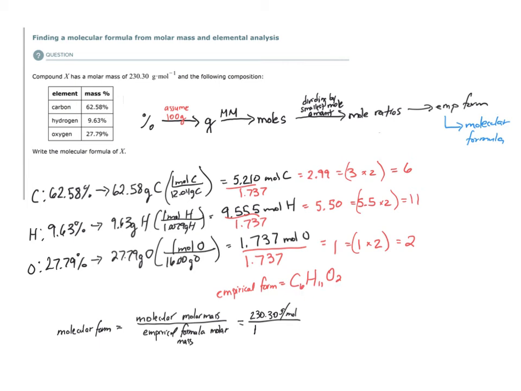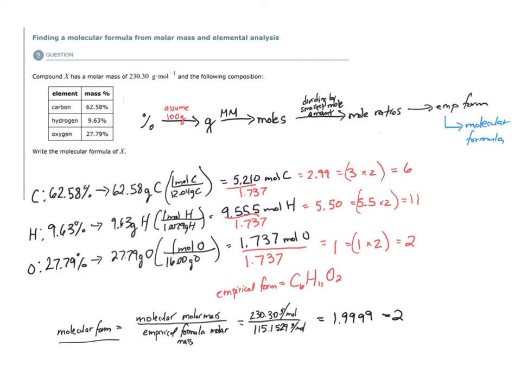So I end up with 115.1529 grams per mole. I should get some multiplier. So when I take 230.3 divided by that answer, 1.9999. So just like the mole ratios, this multiplier should also be very close to some number. It's very close to 2.